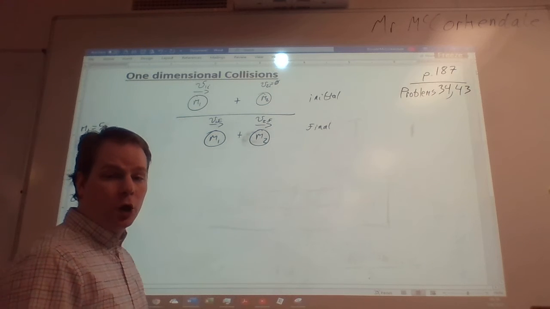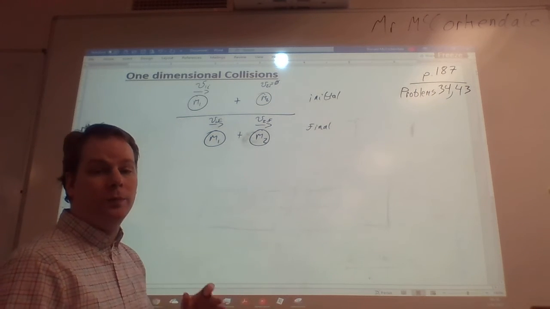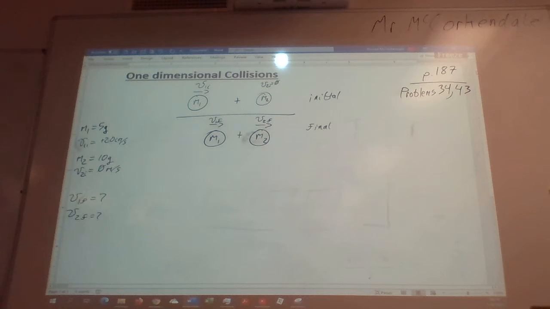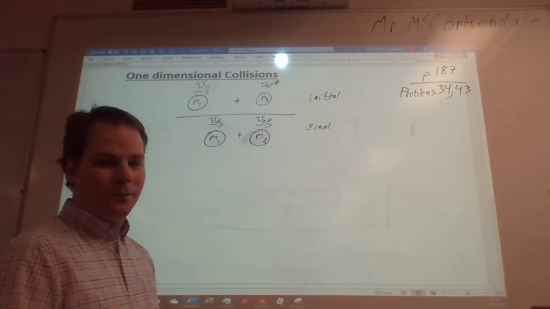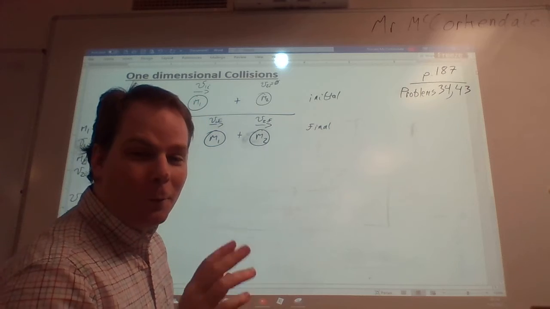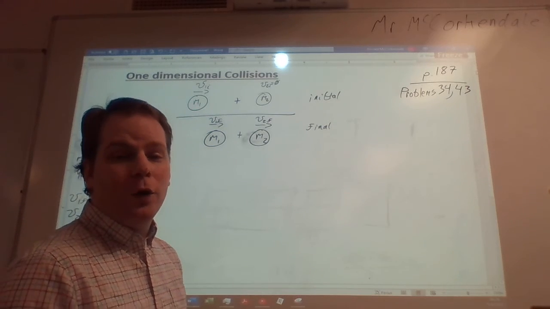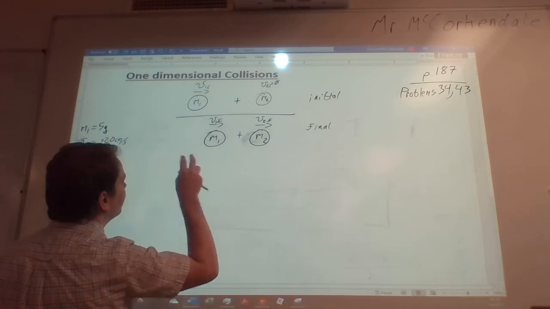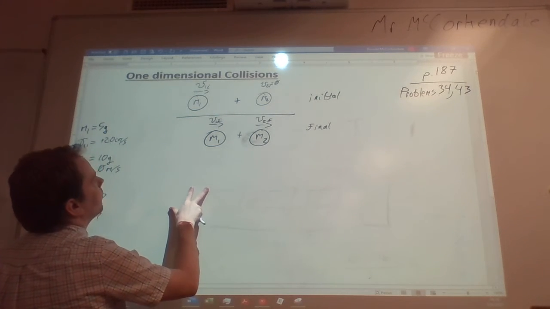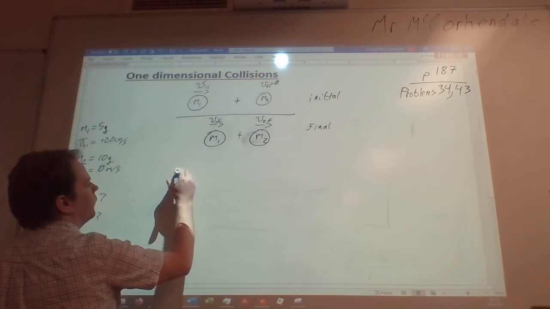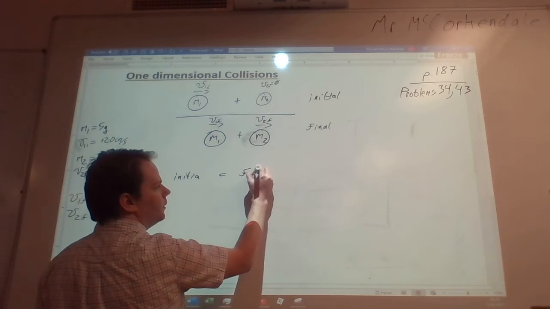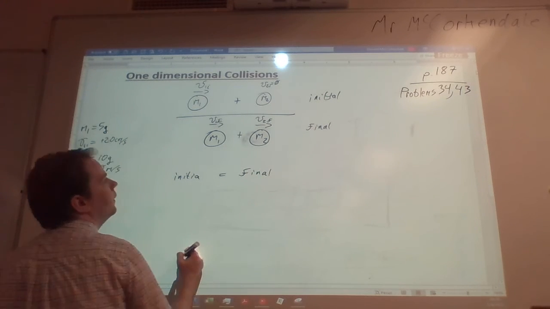So when we write out our conservation of momentum equation, we have to treat each of these as a separate entity. So let's start with V1 initial. So we're going to have initial equals final, just like we did before.